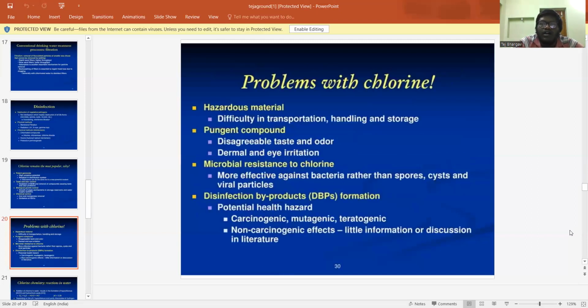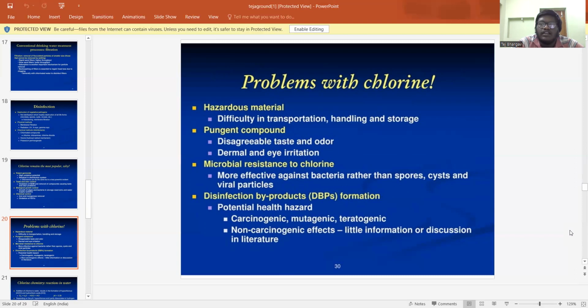Problems with chlorine. Hazardous material, with difficulty in transportation, handling, and storage. A pungent compound with disagreeable taste and odor, and thermal and eye irritation. Microbial resistance to chlorine: it is more effective against bacteria than against spores, cysts, and viral particles.